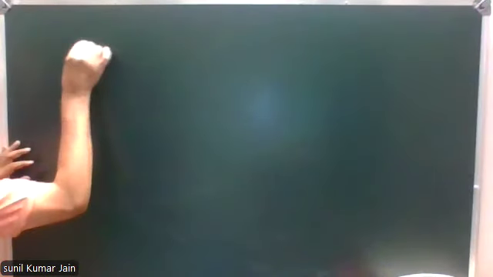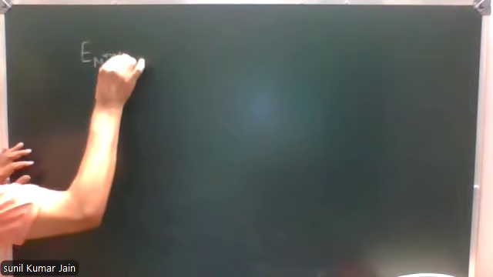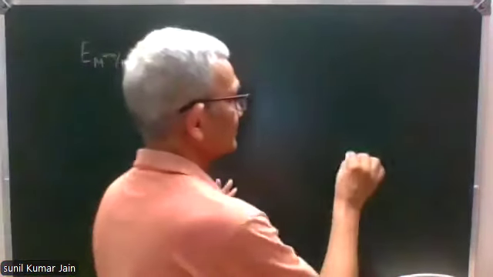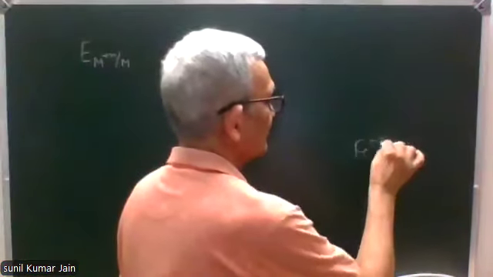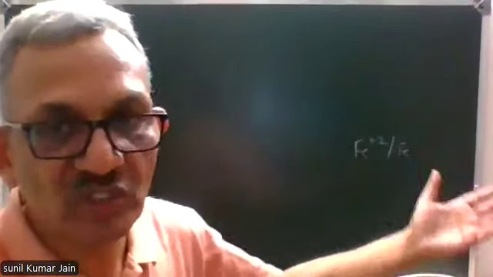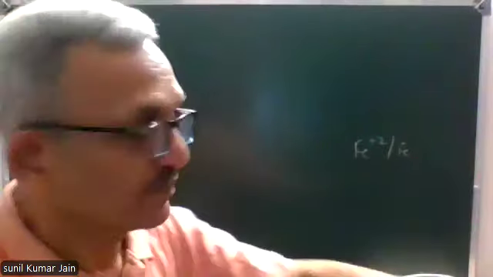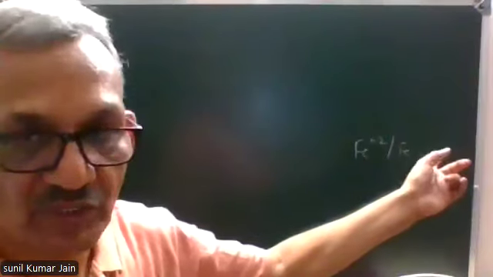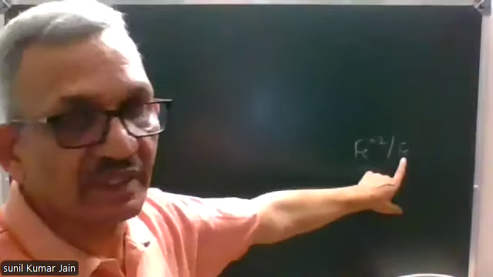Write down the equation. E of M^n+ oblique M. If I say Fe^2+ oblique Fe, so this is M^n+, the value of n is plus 2 in this case, and Fe.